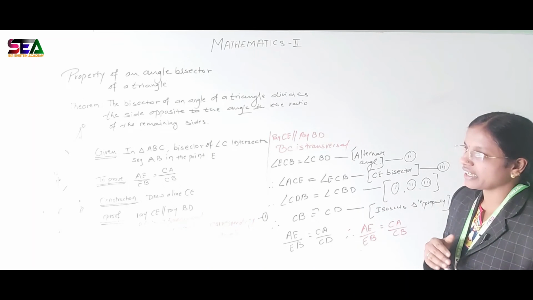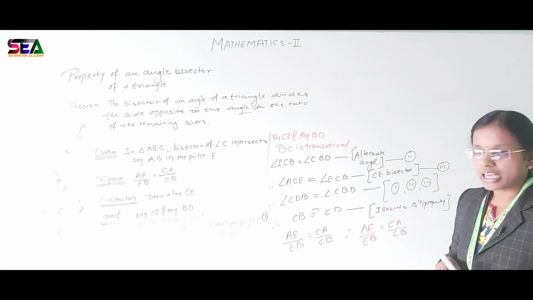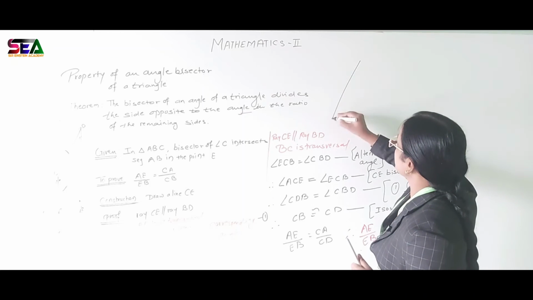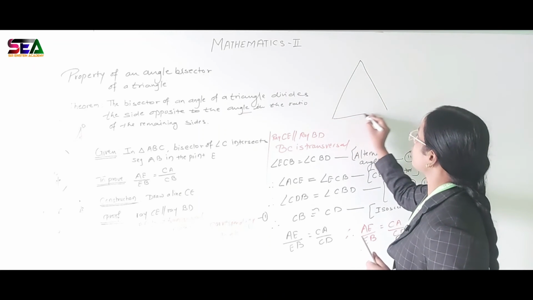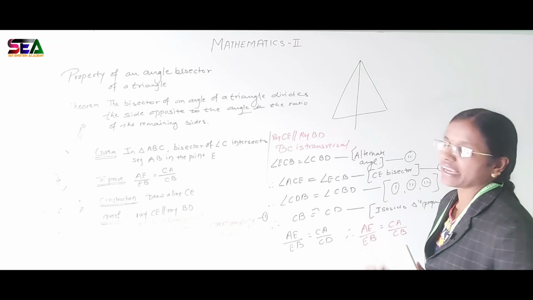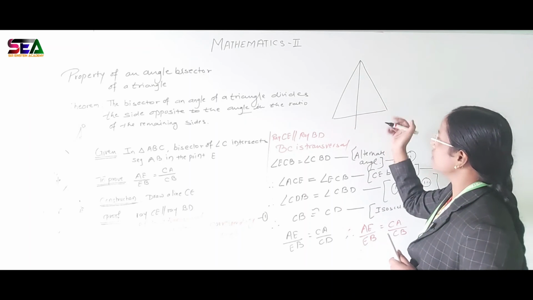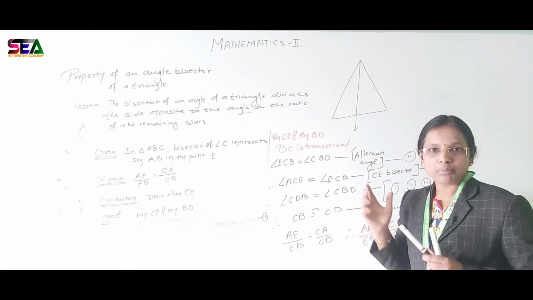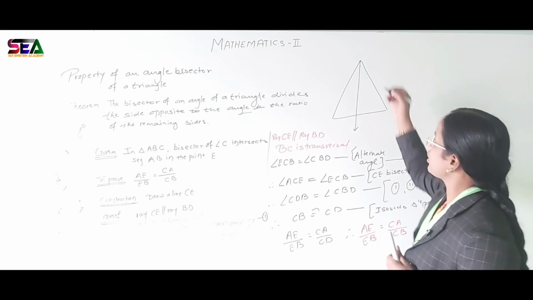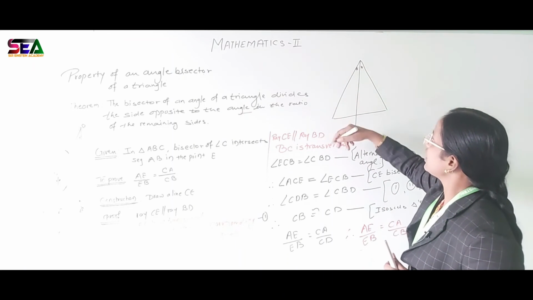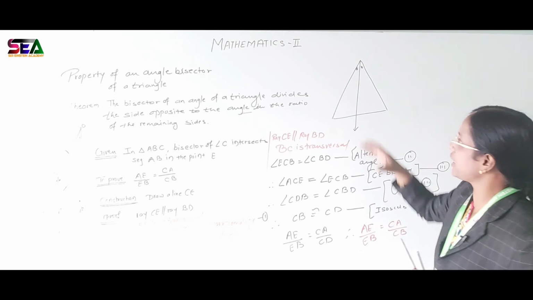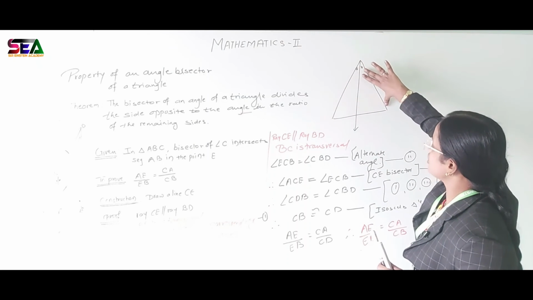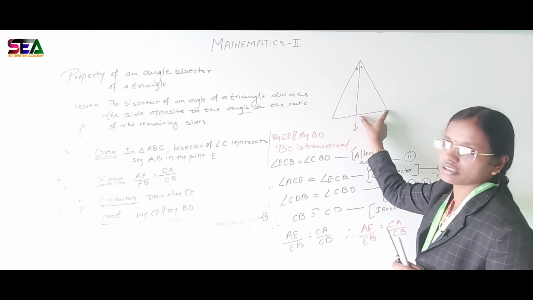In short, again I will tell you, in the exam only the property is needed; with the help of the property we have to solve sums based on the angle bisector property. This is one angle given by them and we have to solve sums based on it. So you only have to write the proportion in your mind: this side upon this side is equal to this side upon this side.